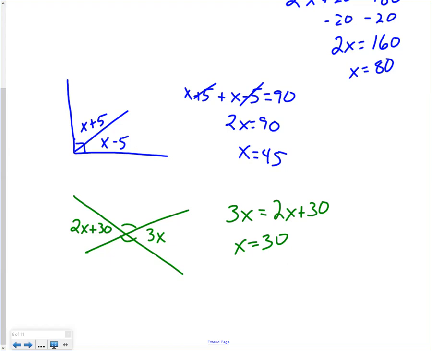So if you forget which one you're looking at, at least think about it and say, do I think this is 180 degrees? Do these two angles form a line? And if your answer is no, you probably don't want to sum them to 180, right? Is there anything in this diagram that indicates they should sum to 90?